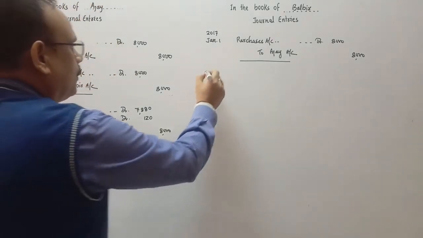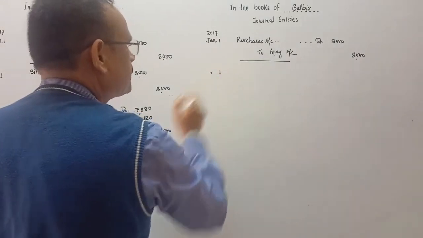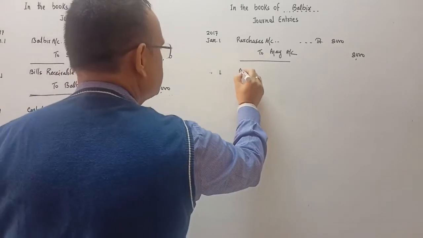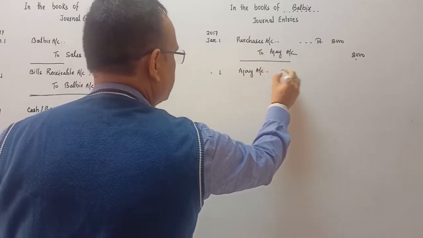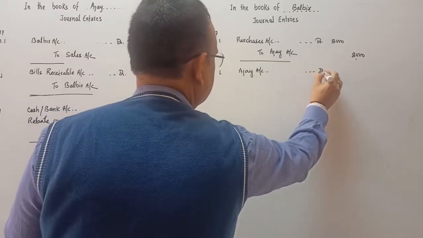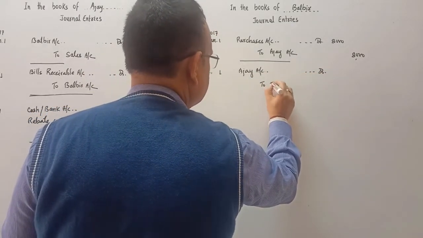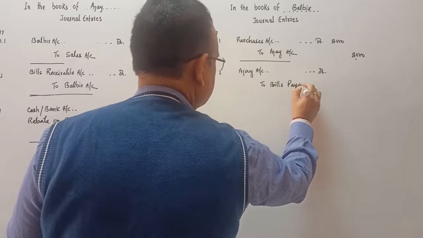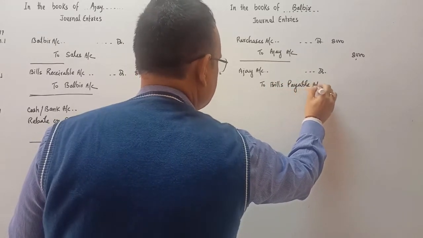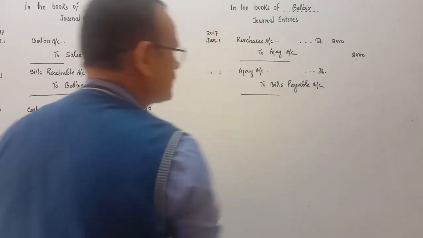When Balbir accepts the bill, for him it's bills payable. So he will do the entry: Ajay account debit, to bills payable account. For him it's a liability.